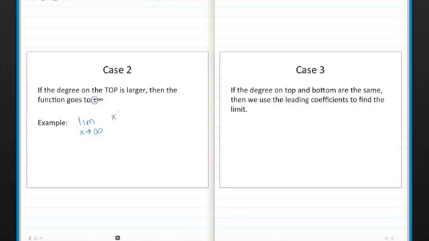So let's look at an example from earlier. Let's look at the limit as x goes to infinity of x squared plus 2x plus 1 over x plus 3.